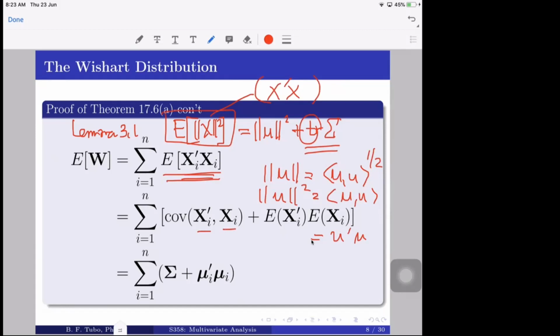So you will have the covariance as is plus the square norm of mu, or that is the expected value of x prime and expected value of x. That is your mu prime mu.